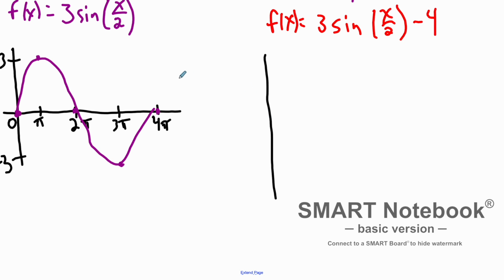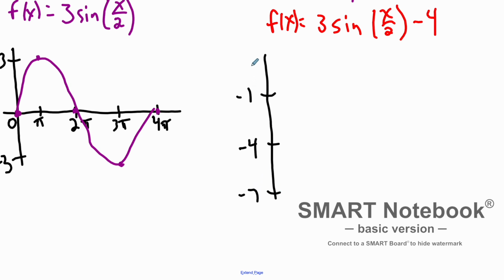So let's look at our top number. 3 minus 4 is going to give us -1. Next up, 0 minus 4 is going to give us -4. And then the last one, -3 minus 4 is going to give us a -7.